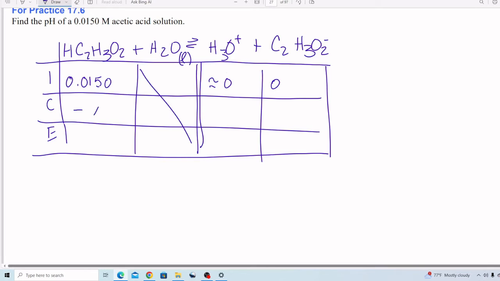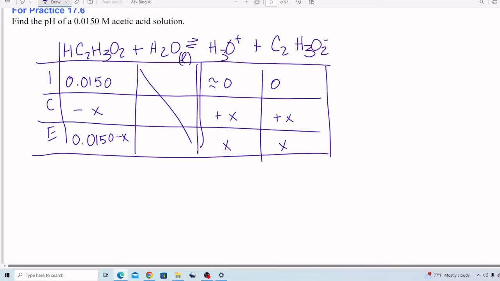We're losing X of our acetic acid and gaining X of the hydronium and X of the acetate. So at equilibrium we'll have 0.0150 minus X of the acid. We'll have X of the hydronium and X of the acetate.